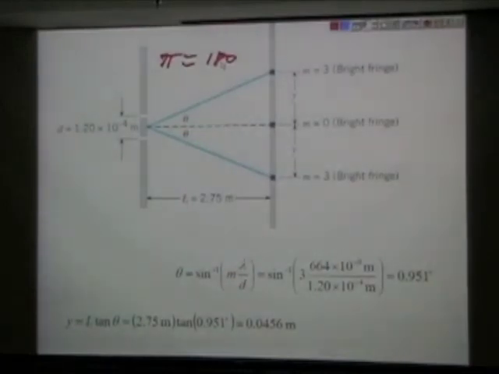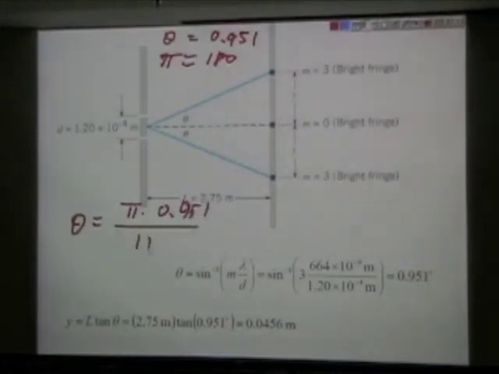So if you want to calculate this angle in radians, this is your proportion. This angle in radians would be pi times 0.951 over 180. This is a really, really small angle in radians.